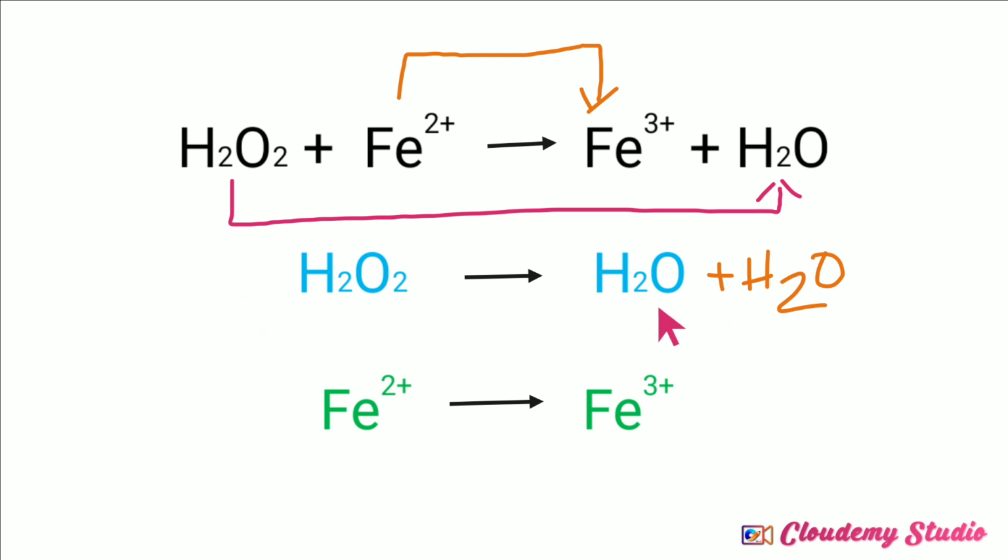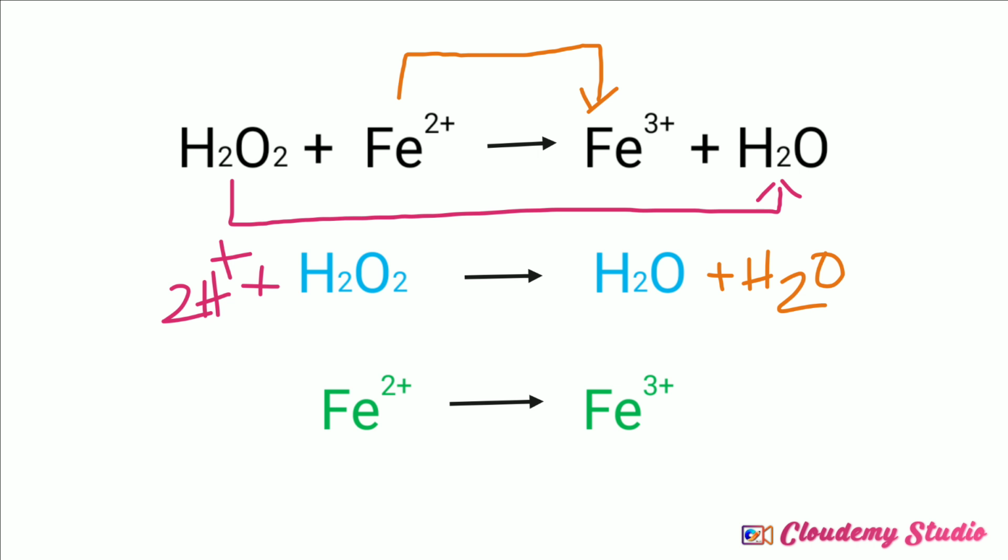In order to balance the hydrogen atoms, what has to be done? We need to add 2 hydrogen ions on the left hand side. So I have added that now. 2 hydrogen ions are added on the left hand side to balance the hydrogen atoms on the right hand side.